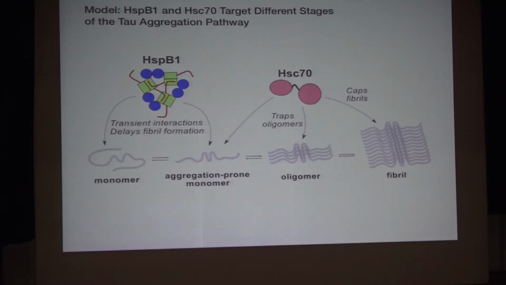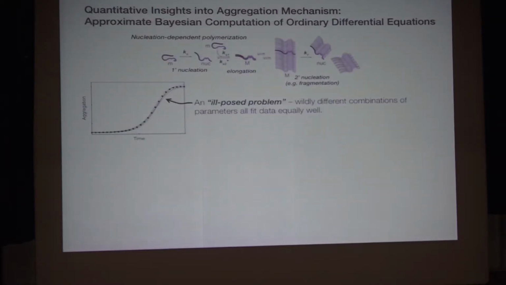So these are qualitative conclusions. In order to get more quantitative information, we are looking at different numerical modeling approaches. One of which is an alternative to the very elegant analytical models that Thomas Knowles has come up with, where we're using Bayesian computation to take a system of ordinary differential equations that describes, say, nucleation-dependent polymerization or nucleated conformational conversion or whatever your favorite model is.